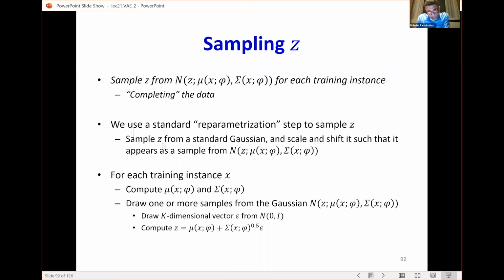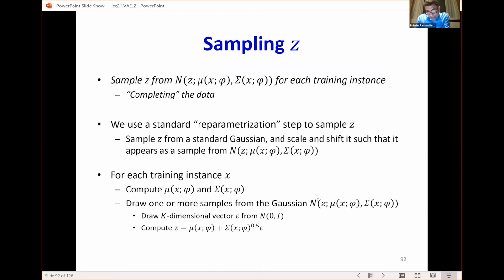In fact, it's very easy to sample a variable from a standard Gaussian with 0 mean and unit variance. So I'm going to sample z from a standard Gaussian. Then I'm going to shift and scale it so that it looks like a sample from this Gaussian. So for each training instance, I'm going to compute mu and sigma, the mean and variance of Q.